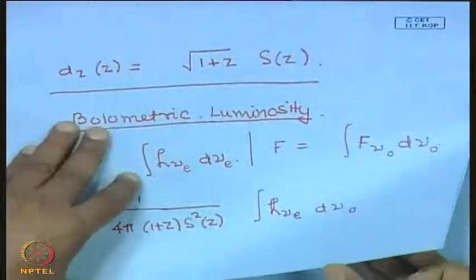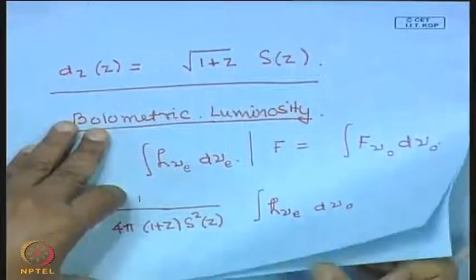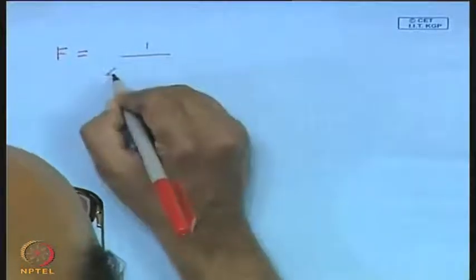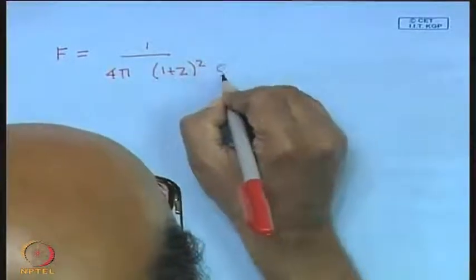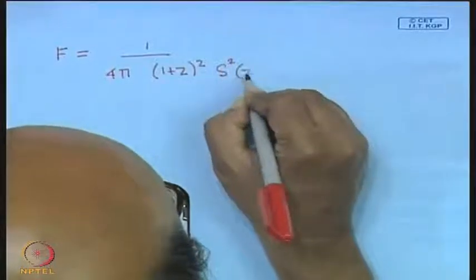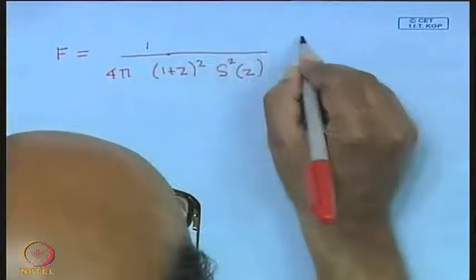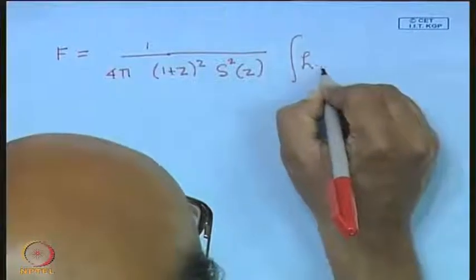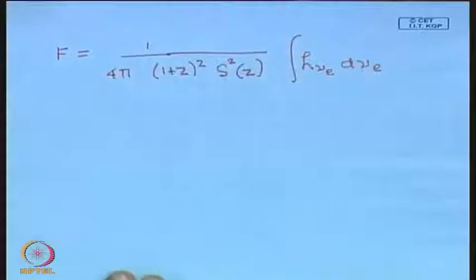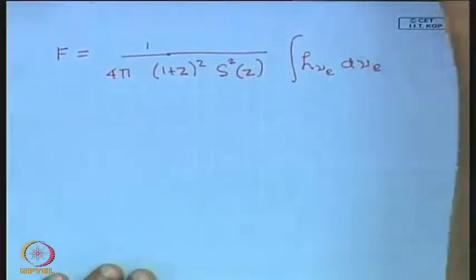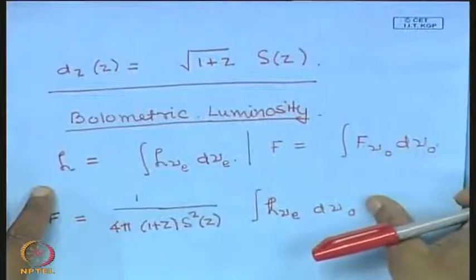So the flux can be written as 1 by 4 pi 1 plus z square s square z L nu emitted d nu emitted, okay, because I have to multiply this with a factor of 1 plus z.